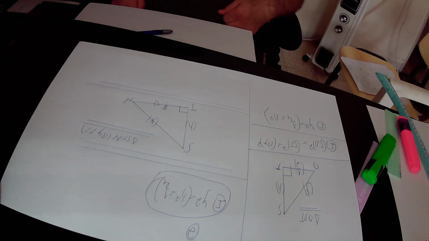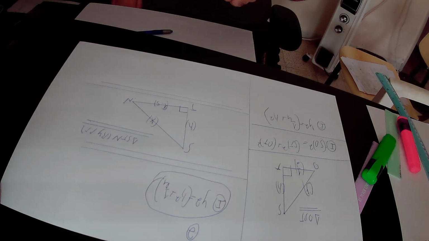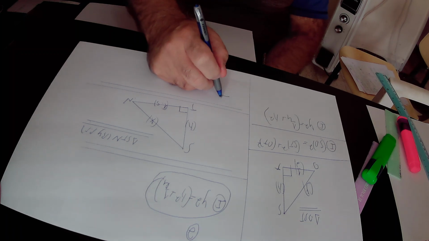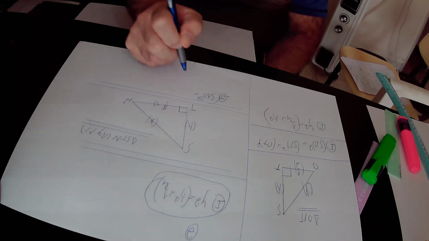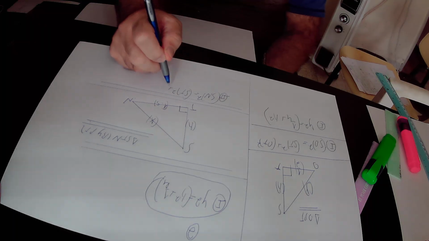This is right angle STN, which comes from the original domain. In this right triangle STN, SN squared, that is the square of the hypotenuse, is equal to ST squared plus TN squared.